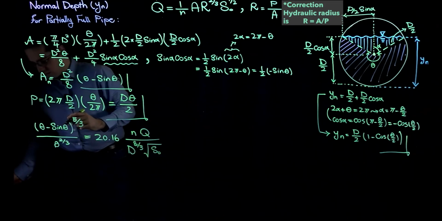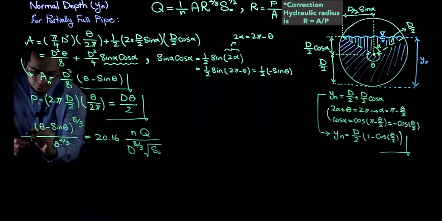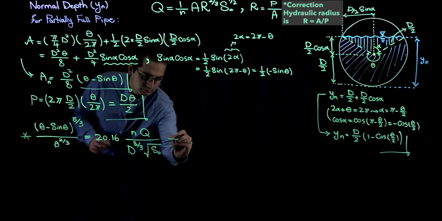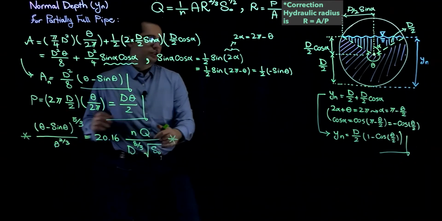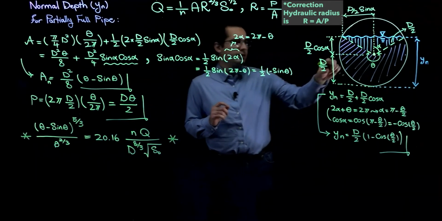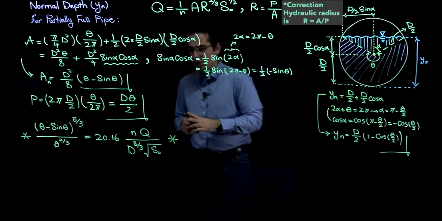All right, so this is Manning's equation when you have a circular pipe that is partially full.